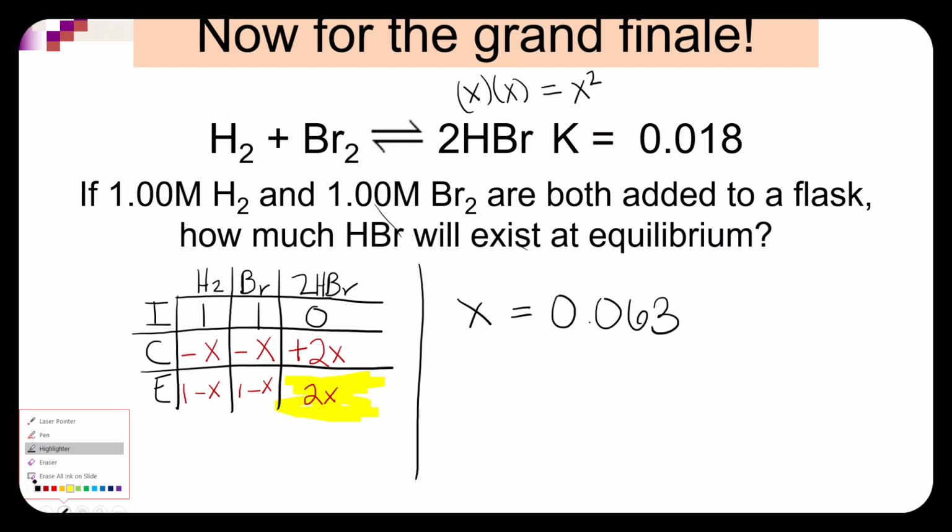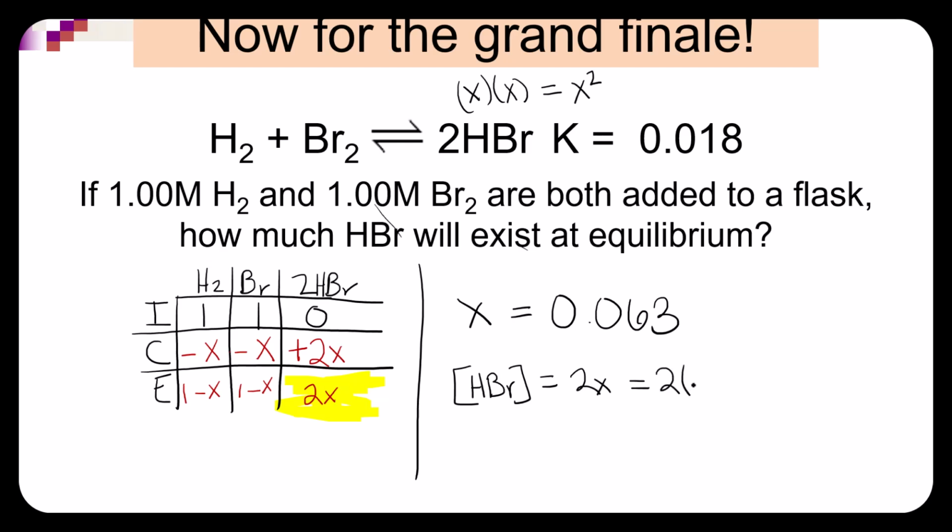To complete this problem, we actually have to multiply by 2x. So the concentration of hydrobromic acid at equilibrium is 2x, which is 2 times 0.063, and we get 0.124 molar.